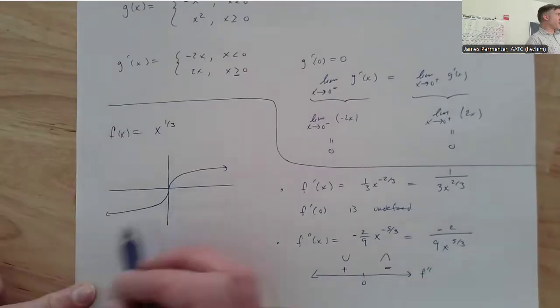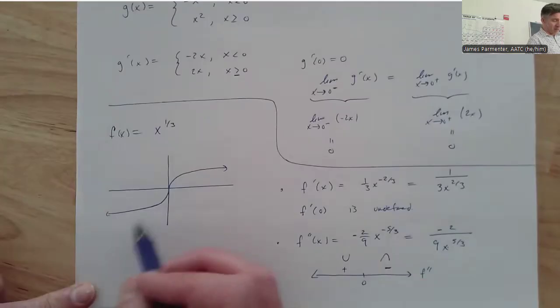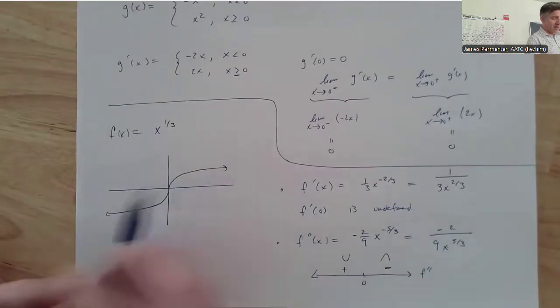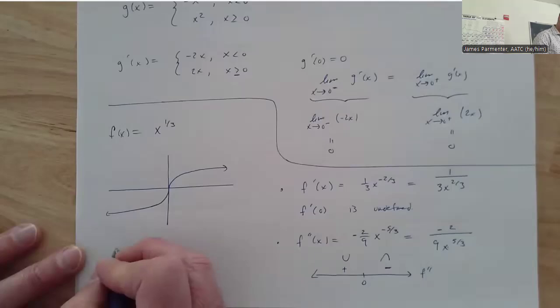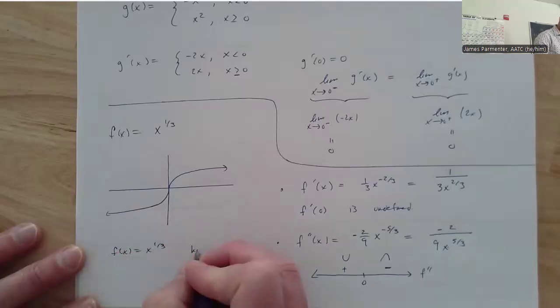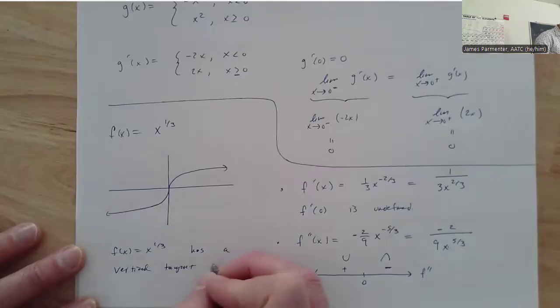No surprise based on the graph, right? It looks like it's concave up over here. It looks like it's concave down over here. And then this graph has a tangent line, a vertical tangent line, x equal to 0.